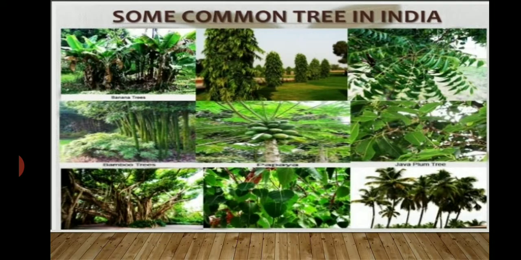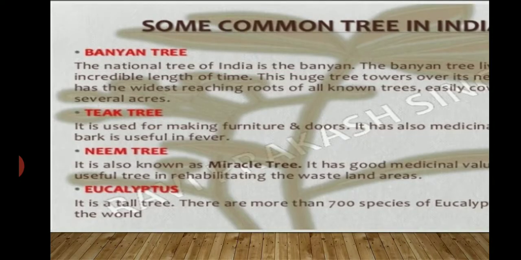Some common trees that are grown in India. There are different types of common trees that grow in India, and some of them are teak tree, banyan tree, neem tree, and eucalyptus.